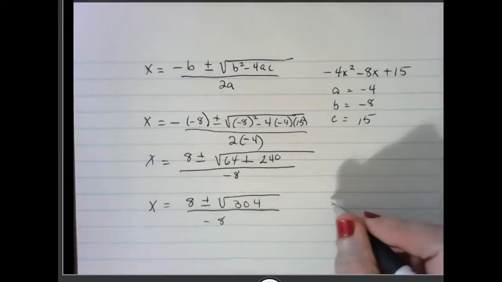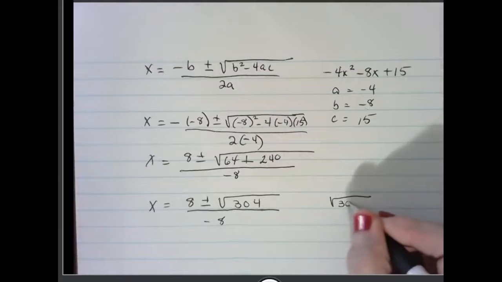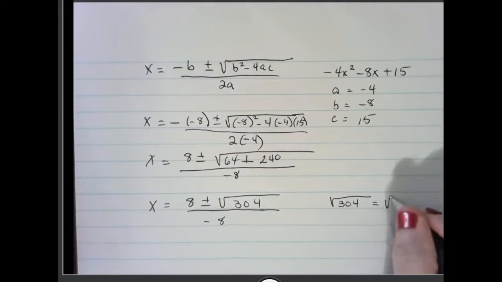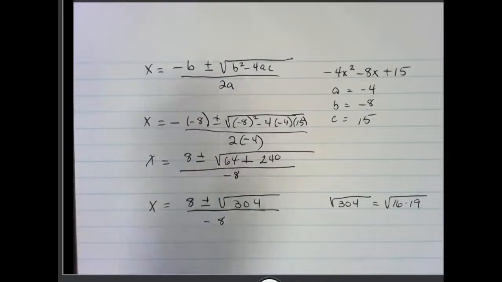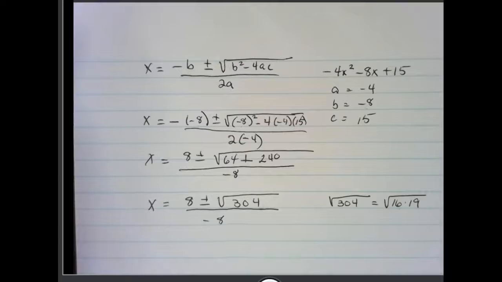For example, I'm just looking at this 304, and I can break that down into 16 times 19. And sometimes you just have to play around with these and see if you can break it down into something that's a perfect square. This works out nicely because that becomes 4, because the square root of 16 is 4. 19 is not, so it's just going to be 4 square root of 19.